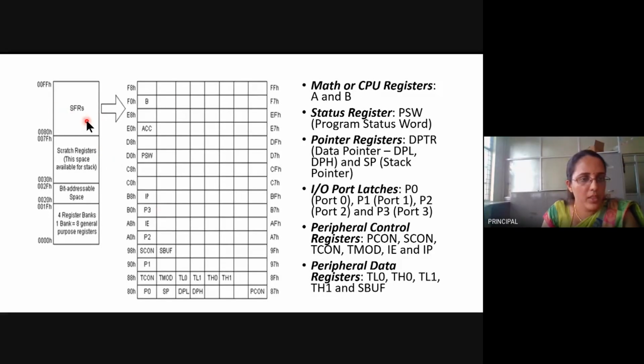There are 21 special function registers in the 8051, and these are classified into math or CPU registers like A and B, status register, program status word, pointer registers, data pointer and stack pointer, IO port latches P0, P1, P2, P3, peripheral control registers like PCON, serial control, timer mode, IE, interrupt enable, interrupt priority registers, and peripheral data registers like TL0, TH0, TL1, TH1, and SBUF.